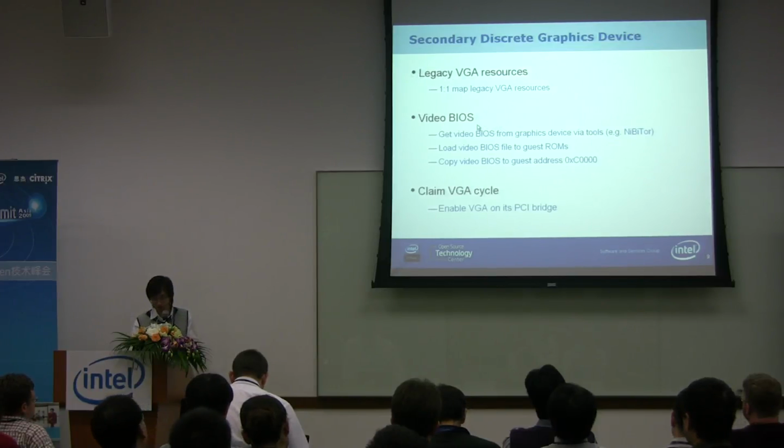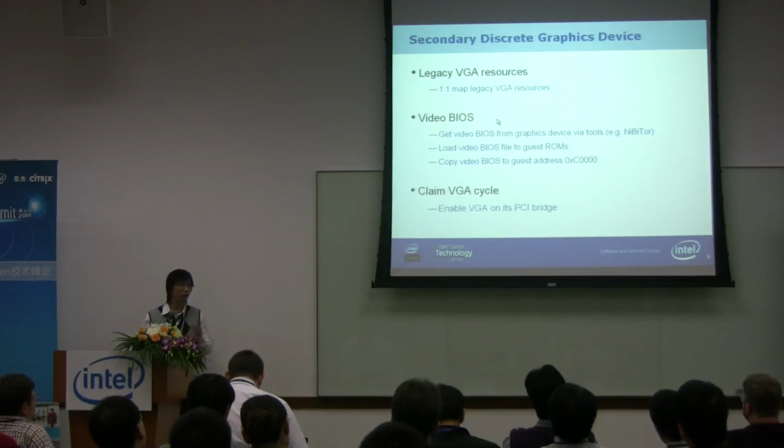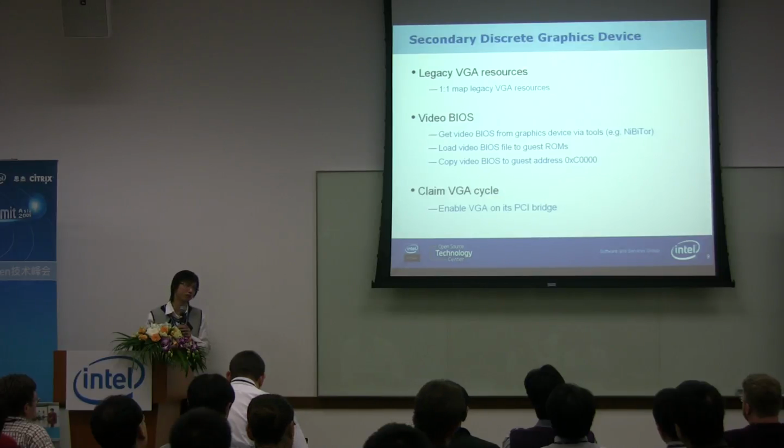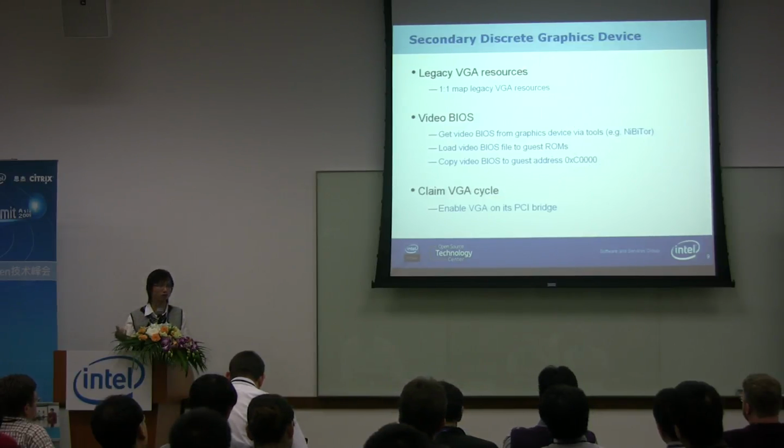One thing needed to talk about is the video BIOS. In this case it can only use the tool to dump the video BIOS, because for the secondary graphics we don't know the memory address of the video BIOS. So we can only use the tool to dump the BIOS and load and copy it to the guest.